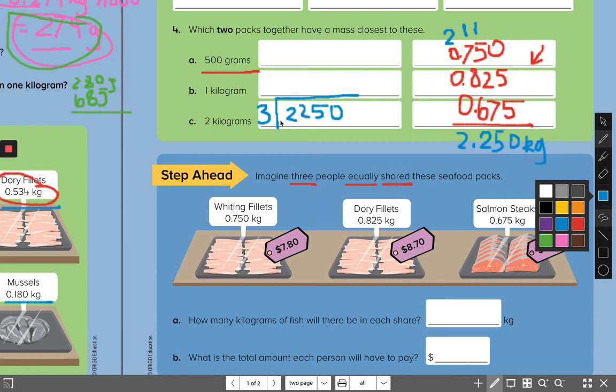Well, because I know my timetables, I think 7 is going to be a good number. So let's see. 3 times 7 is 21. I'm going to write it underneath the 22, and then I'm going to perform subtraction. I'm going to say 2 take away 1 is 1.